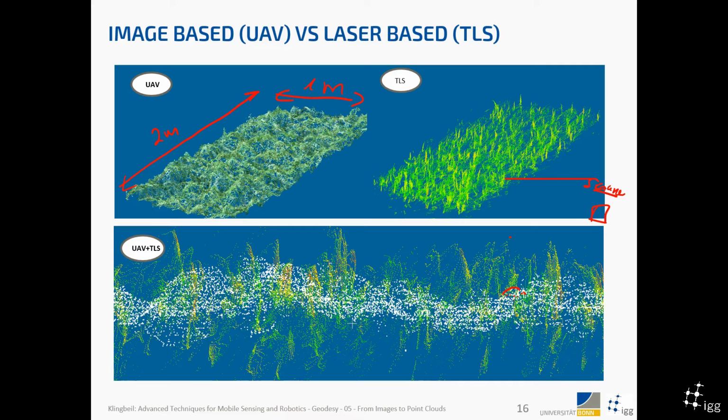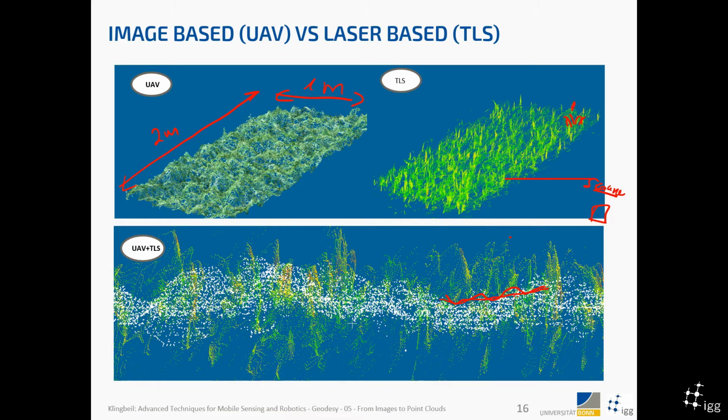So there are some assumptions on the smoothness of the surface. And a wheat crop field is not smooth at all. There are these ears, there are leaves and everything. So it's a very inhomogeneous structure, and this is smoothed out a lot by the reconstruction from the images.